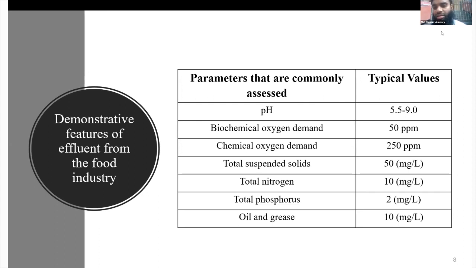The right side contains the standard values: pH standard value is 5.5 to 9.0, biological oxygen demand BOD is 50 ppm, COD is 250 ppm, total suspended solids 50 milligrams per liter, total nitrogen 10 milligrams per liter, and total phosphorus 2 milligrams per liter. Oil and grease also has 10 milligrams per liter as the standard value.